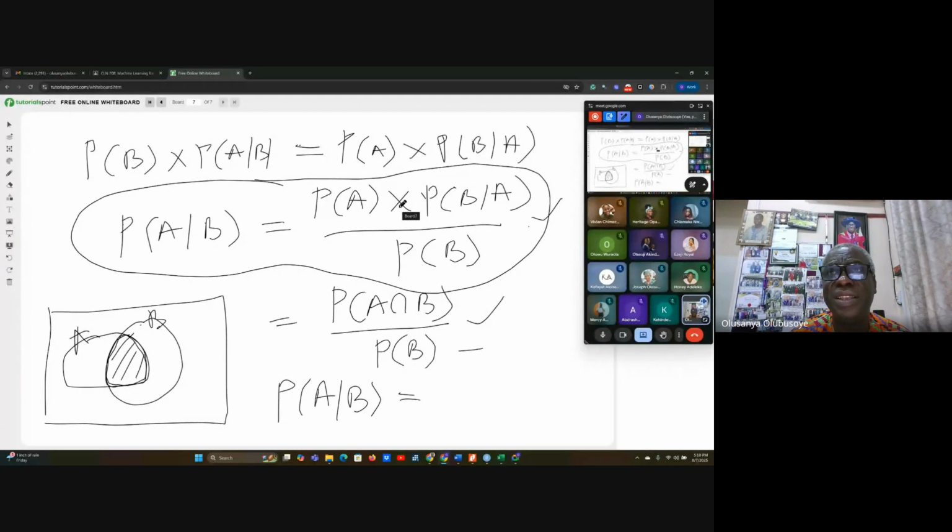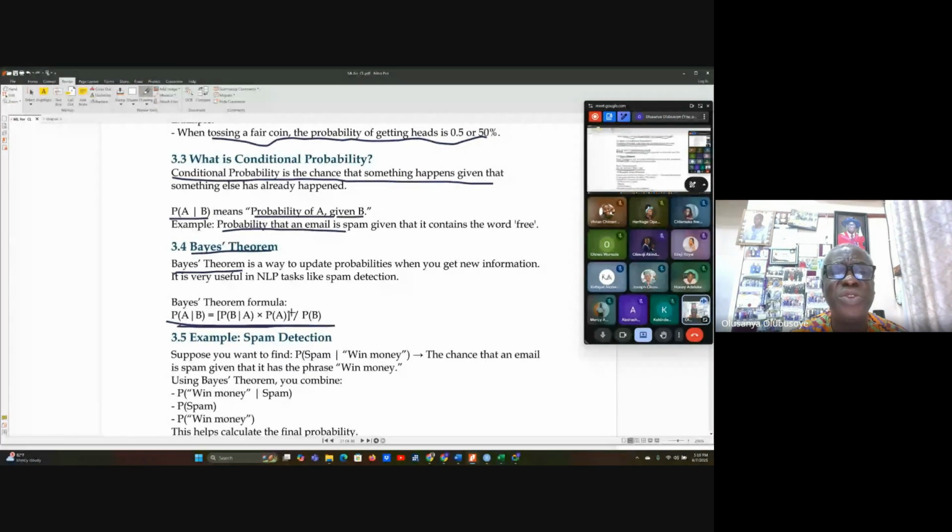Whether you say A times B is the same thing as B times A. So that expression is what is defined there. And we are going to use it.